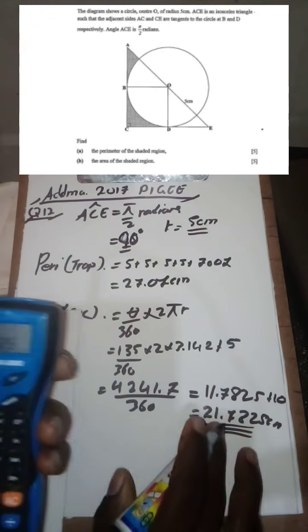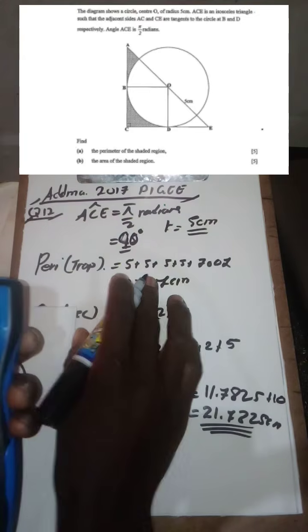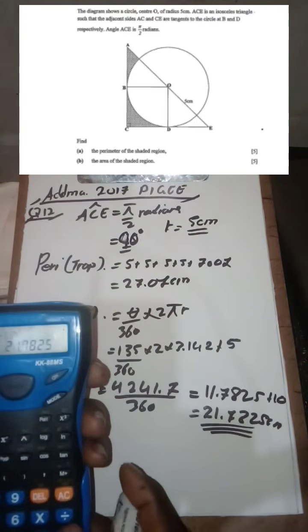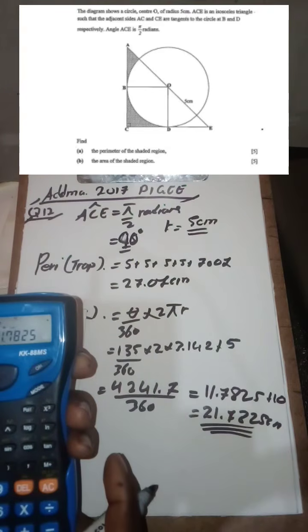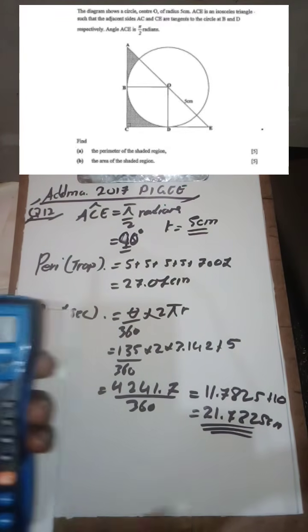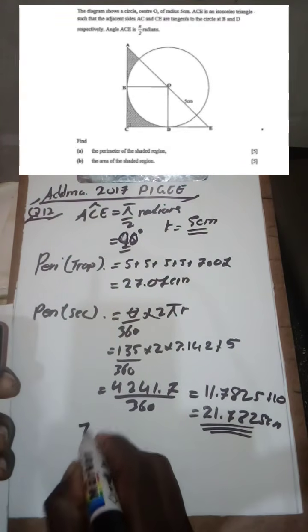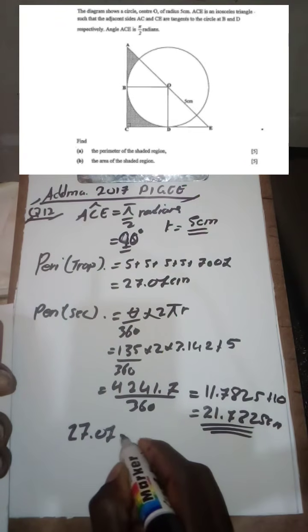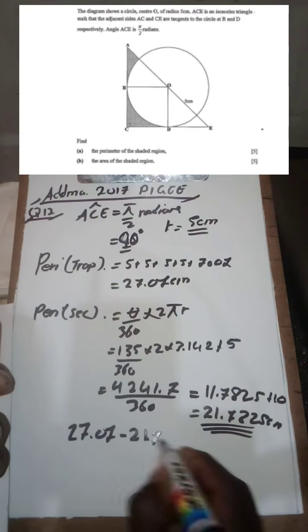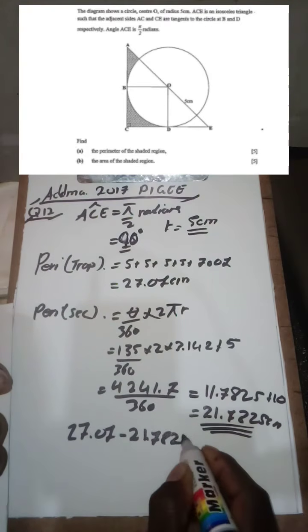So now we just subtract this from that. So I say 27.07 minus 21.7825.